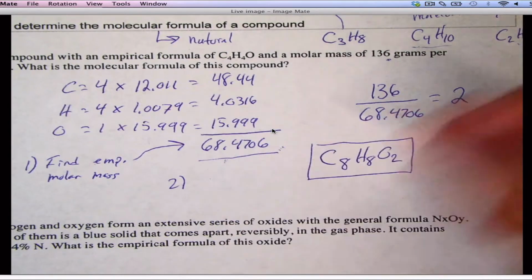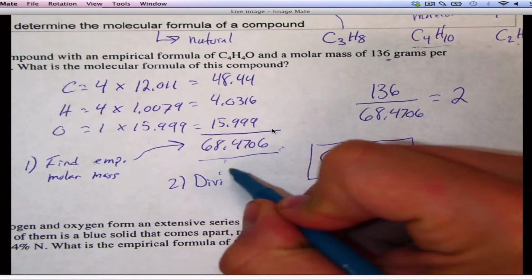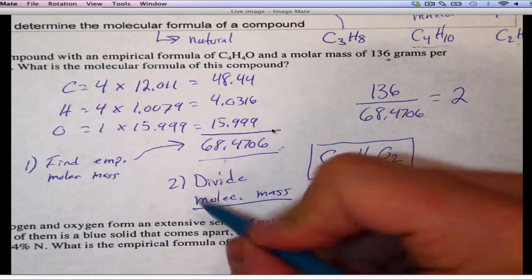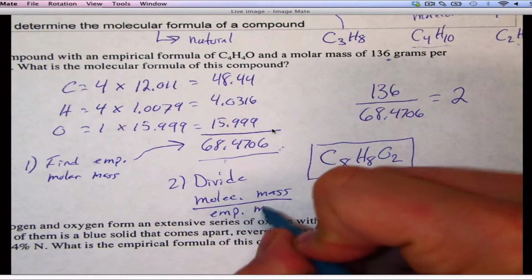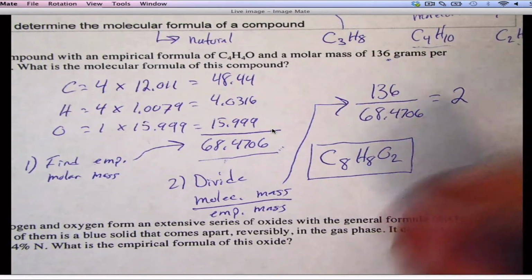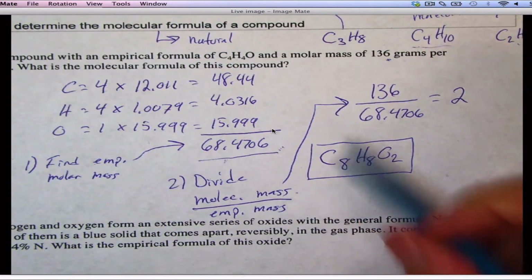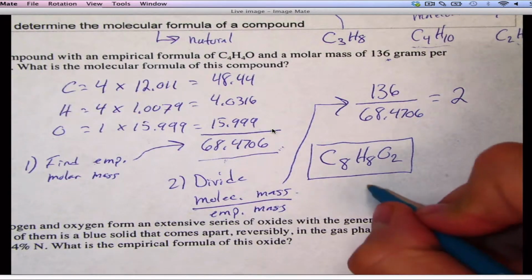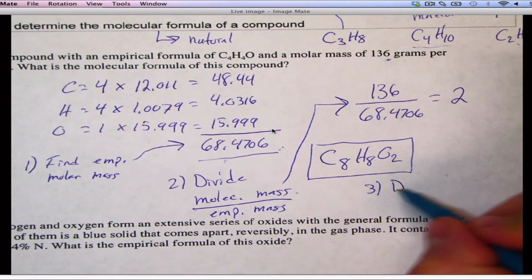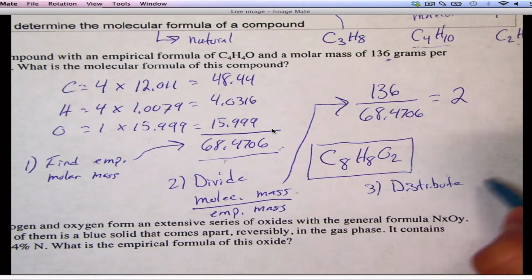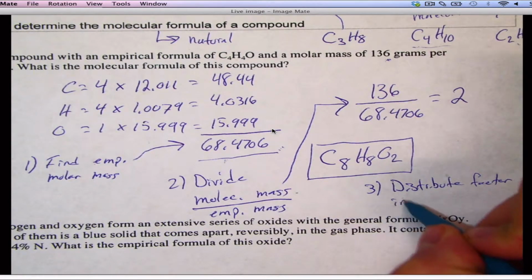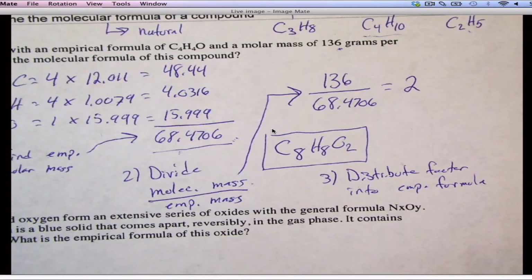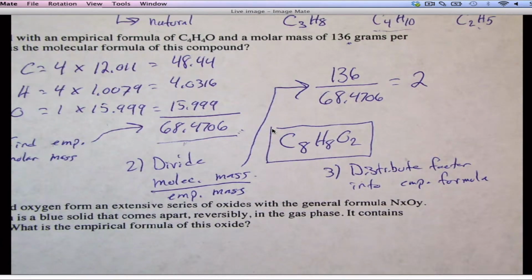Second step, divide the molecular mass by the empirical mass, which is what I did right here. They will normally give you the molecular mass in the word problem. I got a factor of 2. And then for my third step, I simply distribute that factor into the empirical formula.